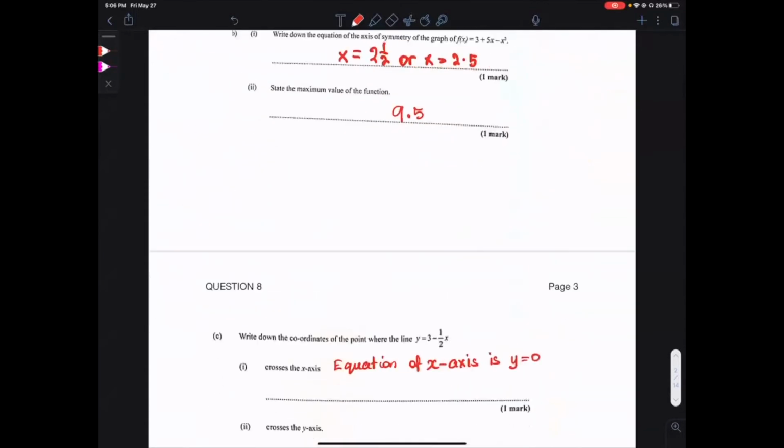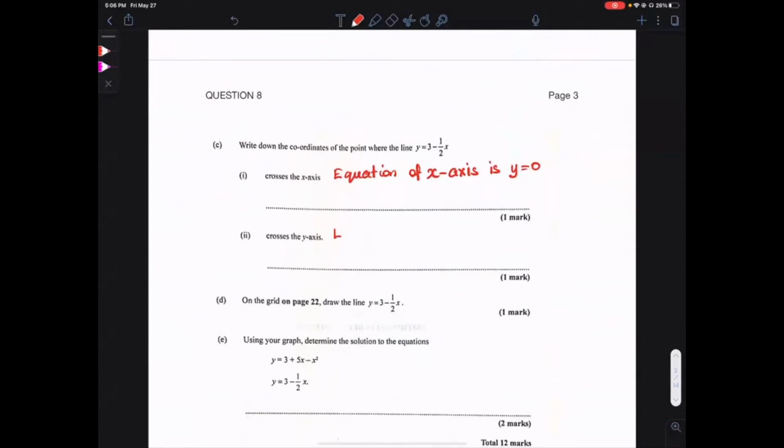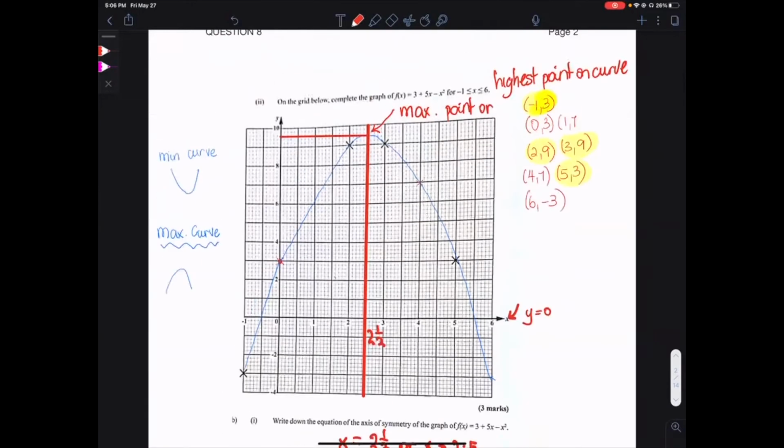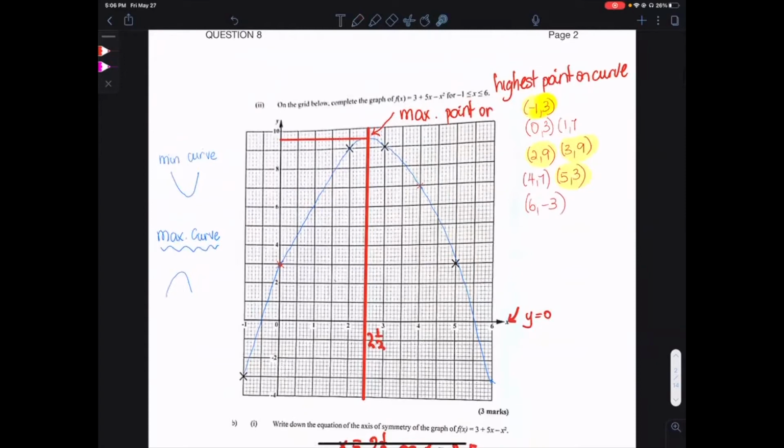Let's do the same thing for the y-axis. The equation of the y-axis is x equals 0. And if we don't know that by now, we need to learn it. So this here is the y-axis. These values are y values. X is 0.